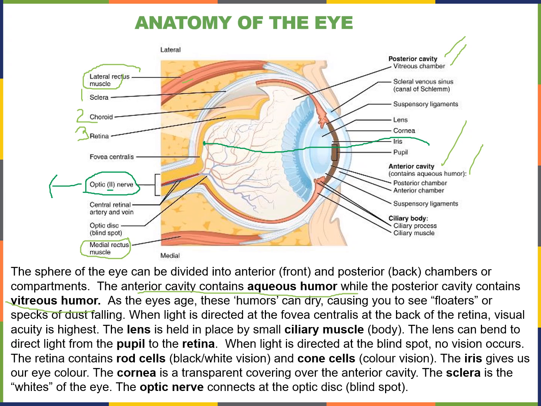Now, let's move to the front and see what happens. So the sclera continues to the front, like I said. If you look at someone and you see the white of their eye, you're looking at the sclera. But there's a transparent dome at the front of the eye, this very first part that light has to pass through, and that's referred to as the cornea.